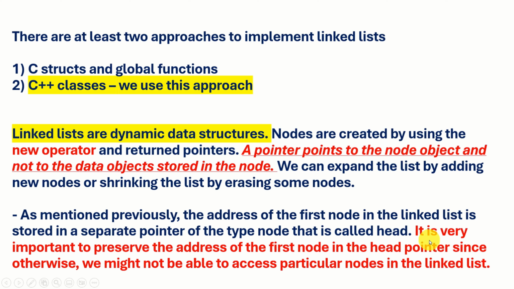That is, once you start building the list, always make sure that the head pointer points to the first node in the list. Otherwise, if you lose that address, for example if the head points to the second or the third one, you will not be able to access the first or any other node in the list that's in the chain before the head pointer.